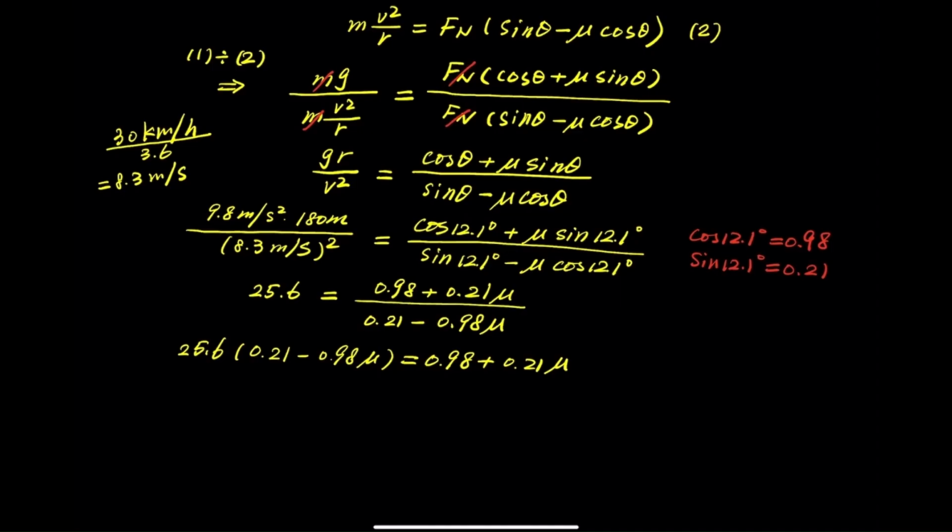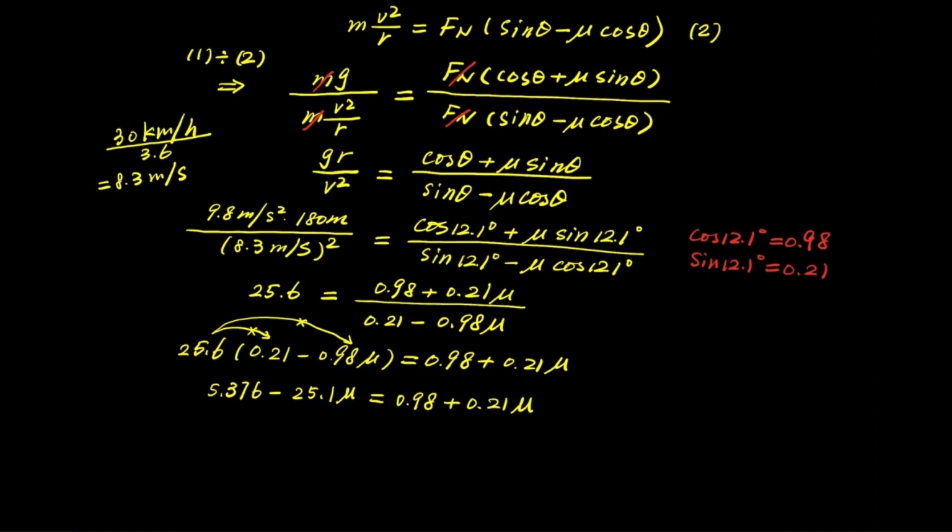Now we can remove the brackets by multiplying this 25.6 with these two values in the brackets. So we have 5.376 minus 25.1 mu equals 0.98 plus 0.21 mu. Now we want to gather all the terms containing mu on one side and the constant numbers on the other side, right?